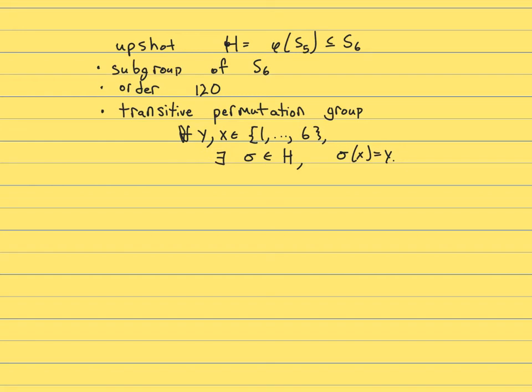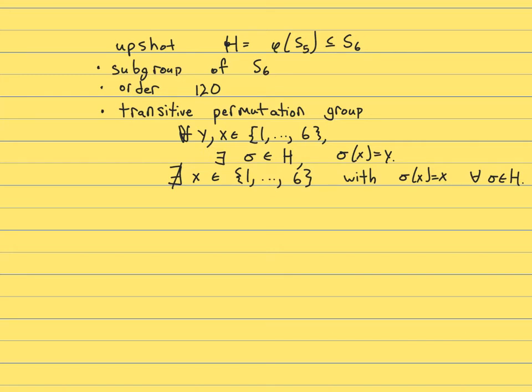In particular, there's no global fixed point. Because if you have a global fixed point, then you can't be transitive because there's no way to get to x from any other y.